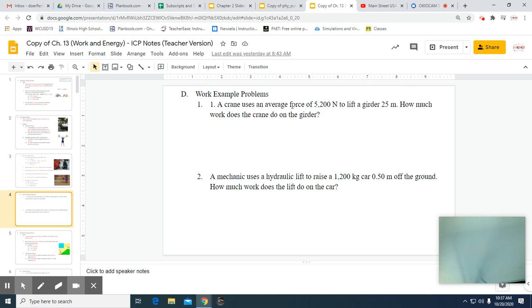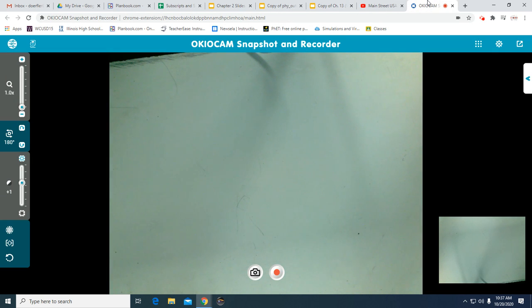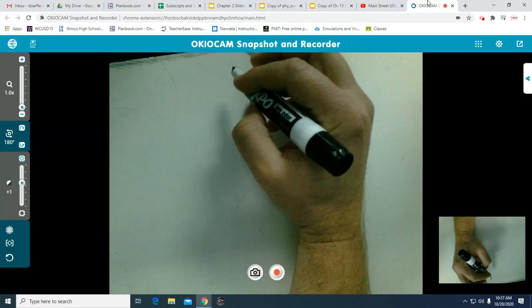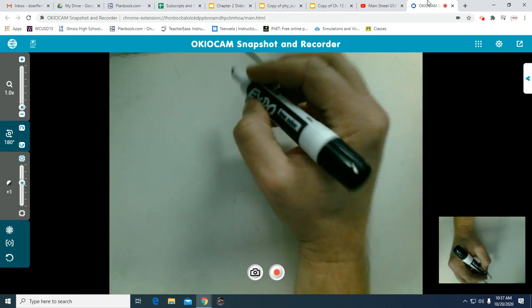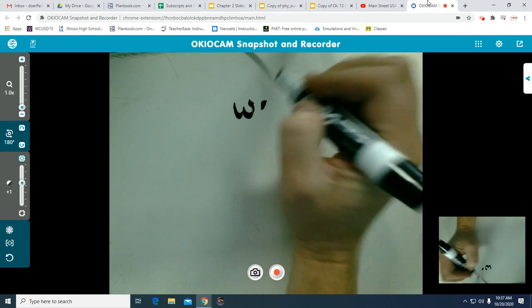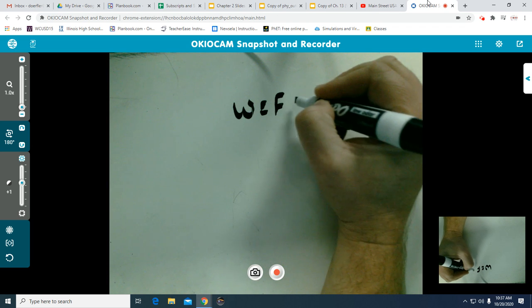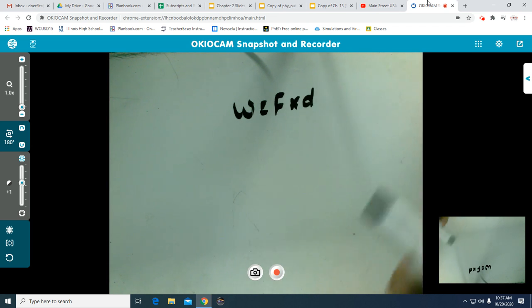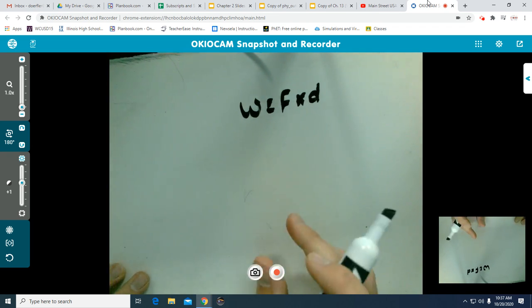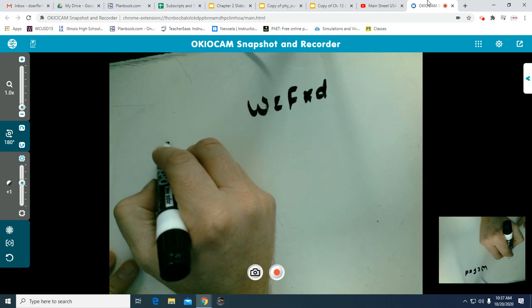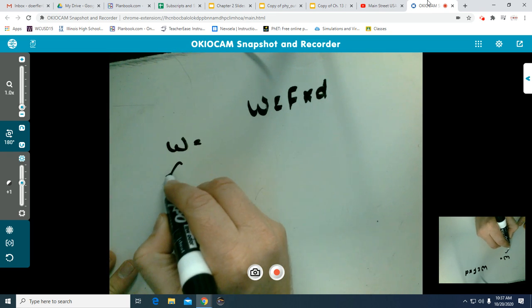A crane uses an average force of 5,200 newtons to lift a girder 25 meters high. How much work does the crane do on the girder? All right, so the formula again for work is equal to force times distance. Okay, and so what do we know?